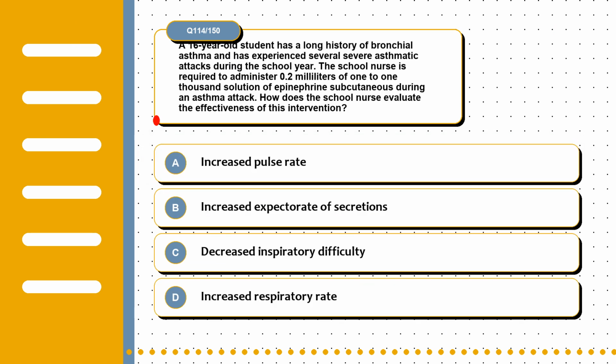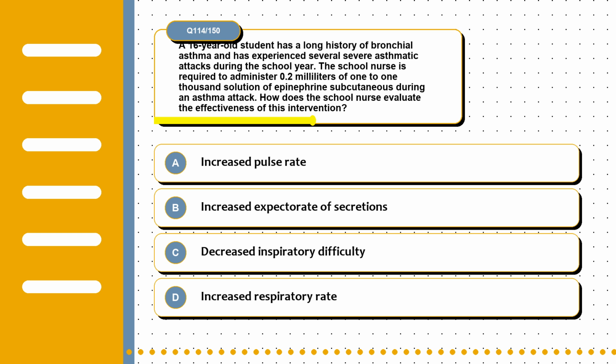Question 114. A 16-year-old student has a long history of bronchial asthma and has experienced several severe asthmatic attacks during the school year. The school nurse is required to administer 0.2 milliliters of 1 to 1,000 solution of epinephrine subcutaneous during an asthma attack.